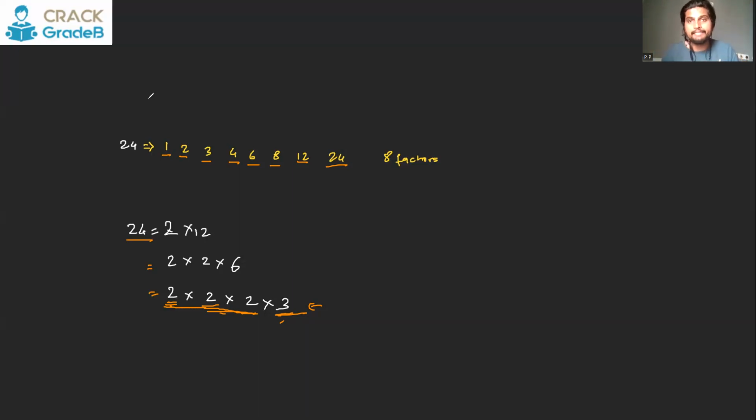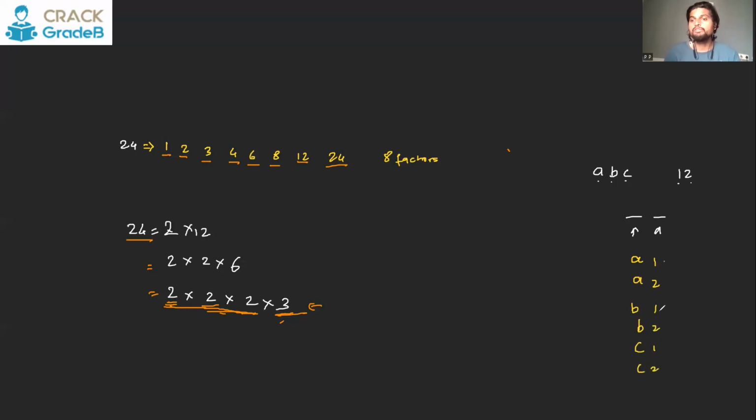It's like saying that you have to make an alphanumeric code out of A, B, C, and 1, 2, where the first should be an alphabet and the second should be a digit. So we have 3 alphabets, A, B, C, and 2 digits, 1 and 2. How many different codes can we have? We can have A1, A2, B1, B2, C1, C2.